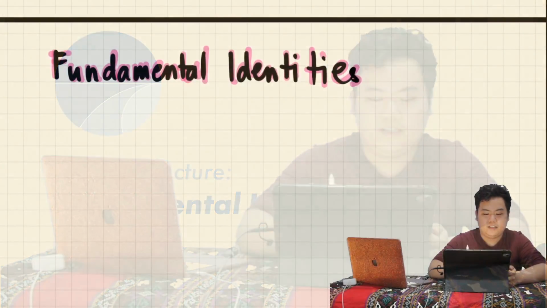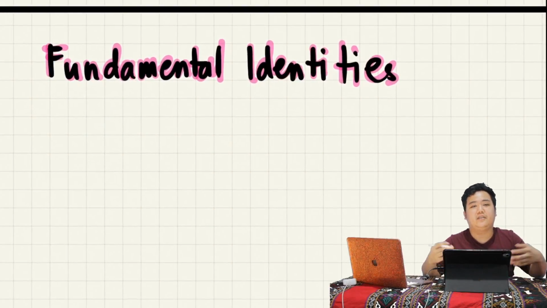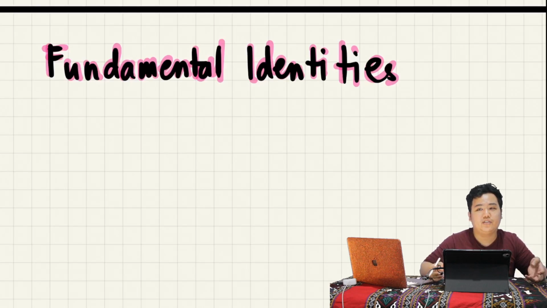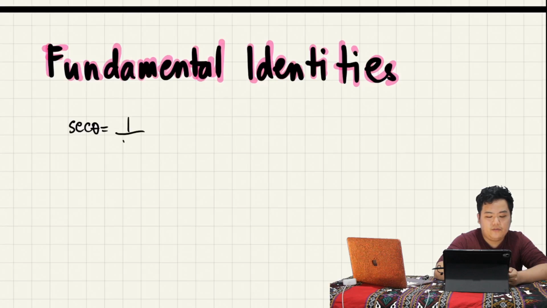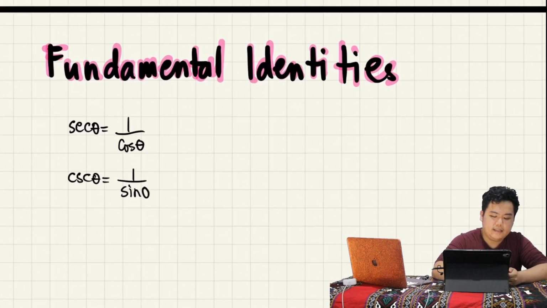So, recall natin na we have the sine function, cosine function, tangent, etc. And in the previous lesson, we know that secant is the reciprocal of cosine theta. And cosecant is the reciprocal of sine theta.